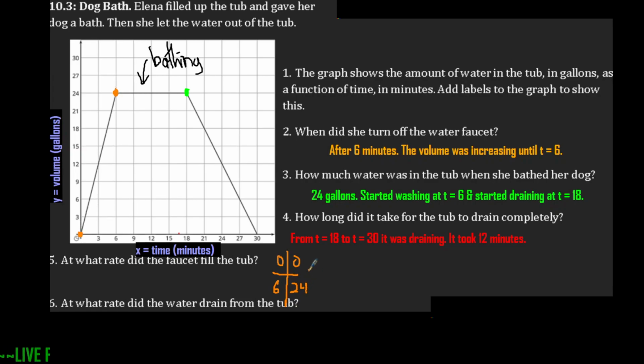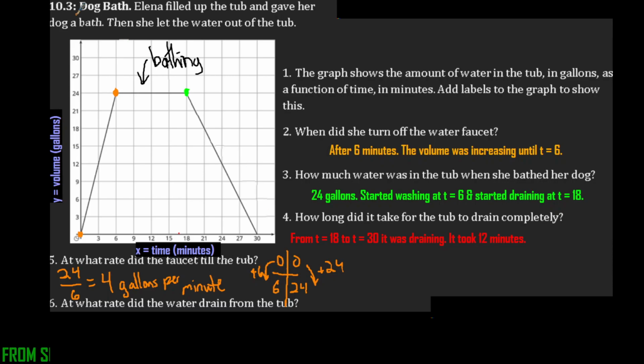Find my change in y, that's plus 24. Find my change in x, that is plus 6. So I can write it as a fraction like I showed before. So I'm going to say I have 24 divided by 6 is going to be equal to 4 gallons per minute. So make sure you can write your slope as a ratio, meaning as a fraction.